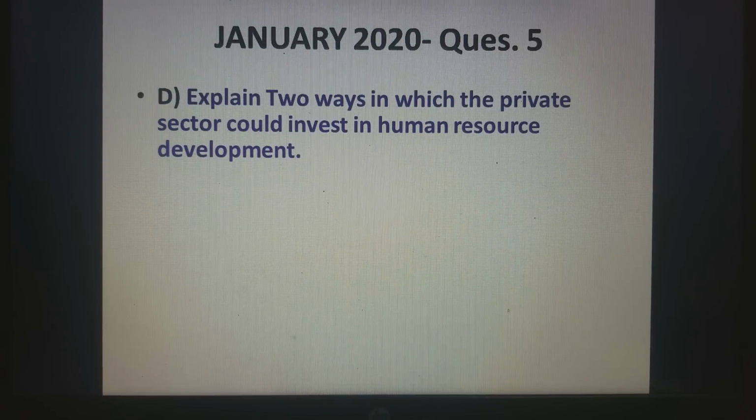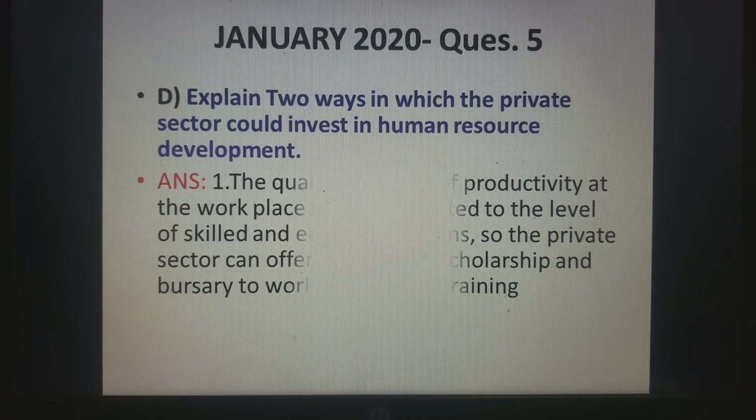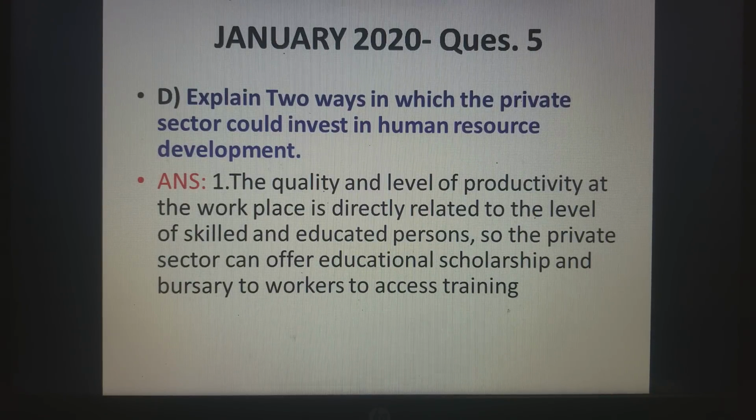Next question. Explain 2 ways in which the private sector could invest in human resource development. One, the quality and level of productivity at the workplace is directly related to the level of skills and educated persons. Isn't that so? So how efficiently an individual works, most times, well, all the time really, is dependent on what?